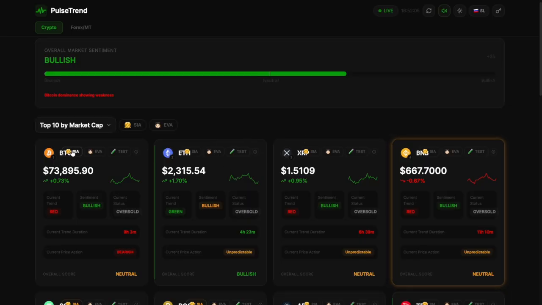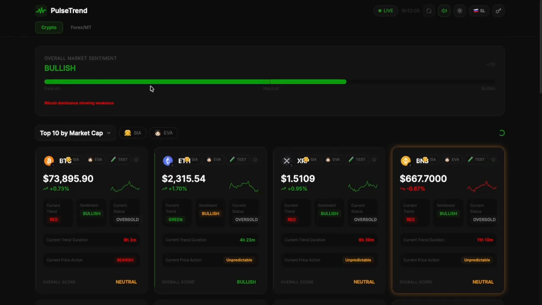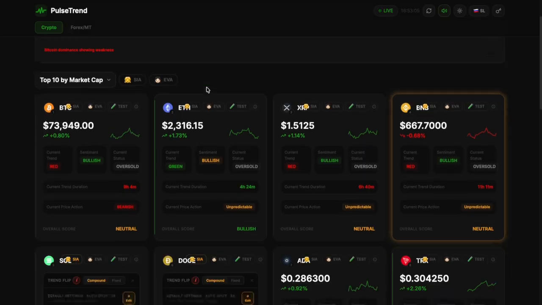Now we also mentioned our SIA bot, but we're gonna go through things first. So I just wanna go over the dashboard one by one. The first thing we see here is the overall market sentiment. This is giving a rundown based off the top 10 market coins, what the current score is.